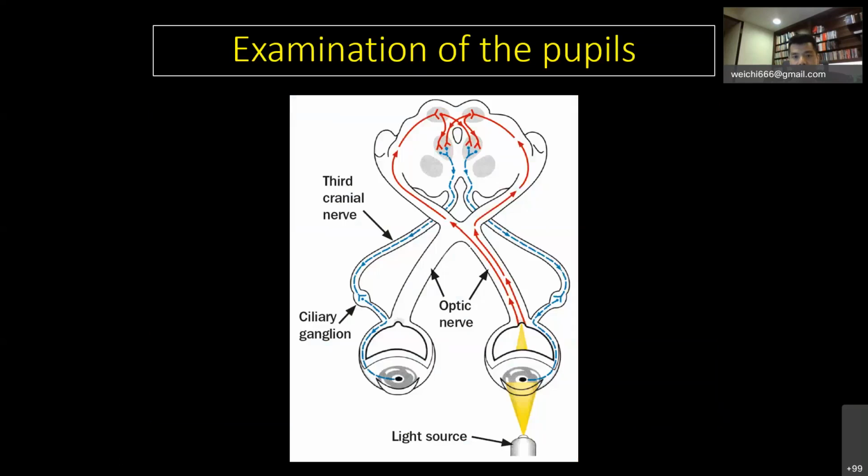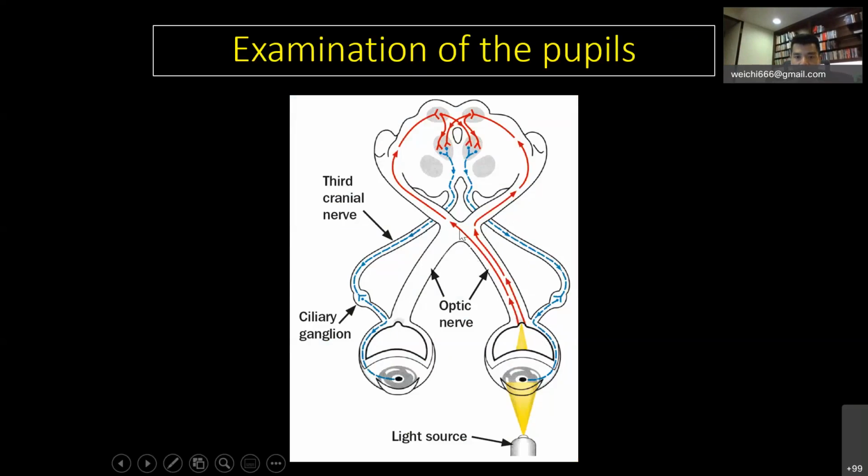Okay, so this is the visual pathway for the controlling of the pupil. This is a cranial nerve, the second cranial nerve, the optic nerve, and this is the oculomotor nerve. You can see that there is an optic chiasm here.